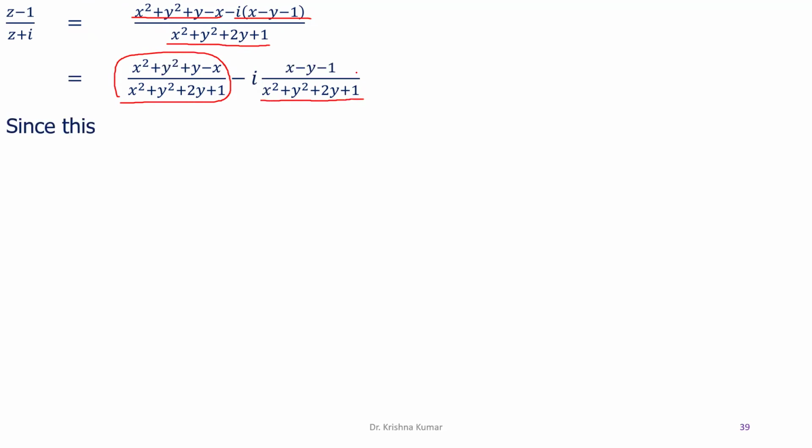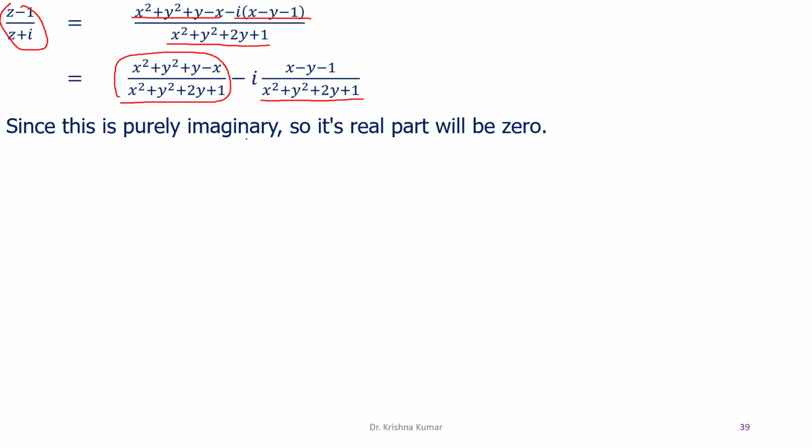Since the given expression (z minus 1) upon (z plus i) is purely imaginary, its real part will be zero, because if any complex number is purely imaginary, it means that its real part is zero. So let us equate the real part to 0.